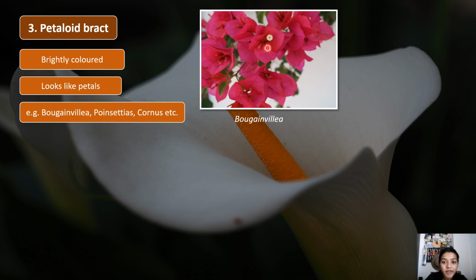So the small white structures that you see in between is the flower, the actual flower of the plant, and the pink structures that you can see are the bracts. Because these look like petals, because these are colorful, you may assume that this is a petal, but this is not petal, this is a bract, right?